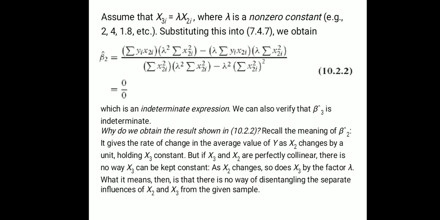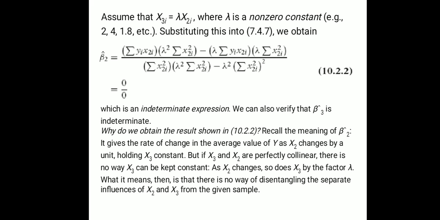In the same way, we also explained x3 star obtained by addition, like 2, 0, 1, 5, 7. Here x3i equals lambda x2i, by multiplication by some factor, where lambda is a nonzero constant, for example 2, 4, 1, 8.